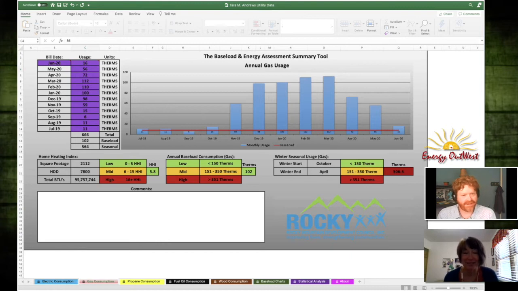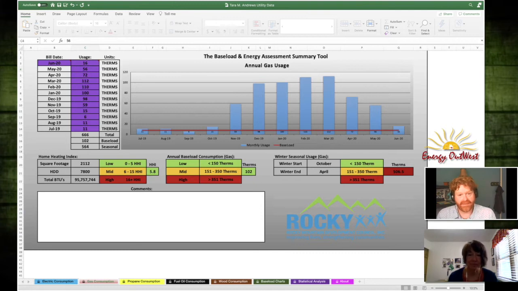Okay, sure. And so what I'm seeing, again, is the water heater is a significant contributor to the base load, but with our base load consumption in the green and the low mark, I have no concerns about your hot water usage or your cooking habits. This is good news. And I think it does go to show that you are able to extrapolate some pretty important information from just the utility bills.